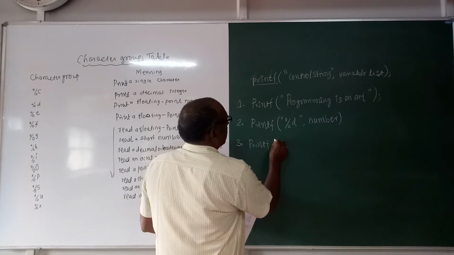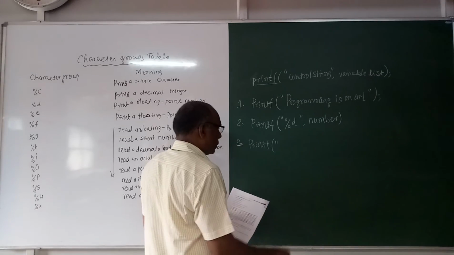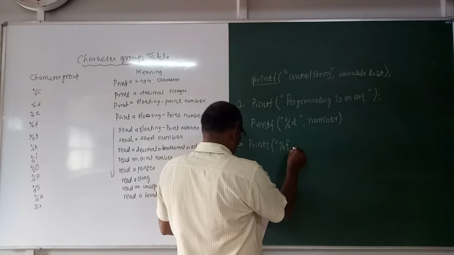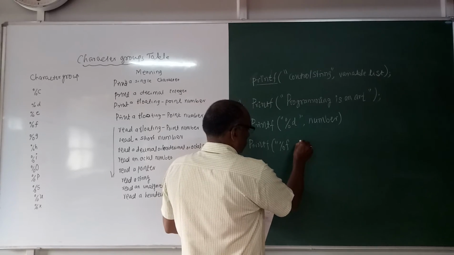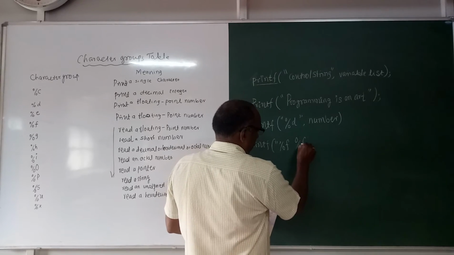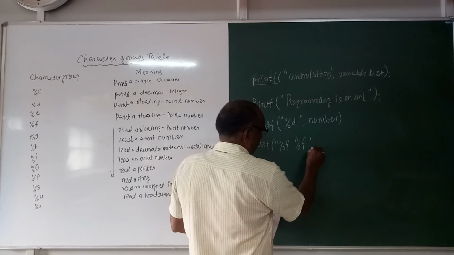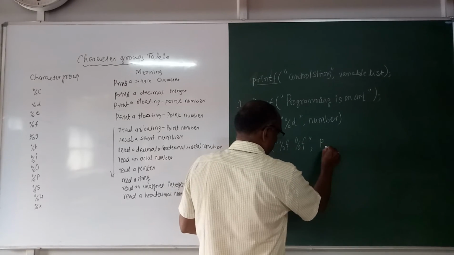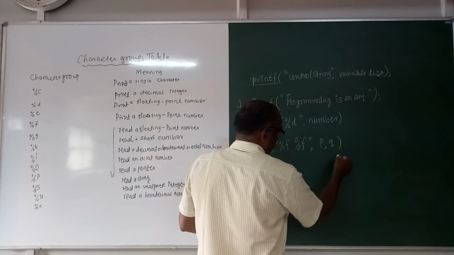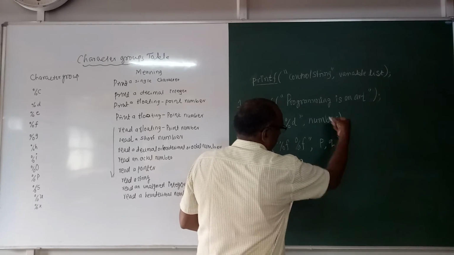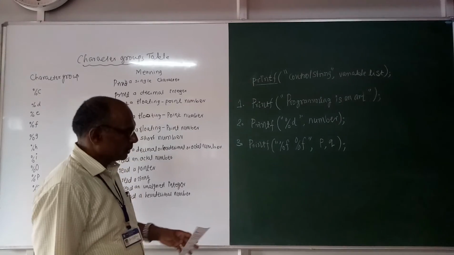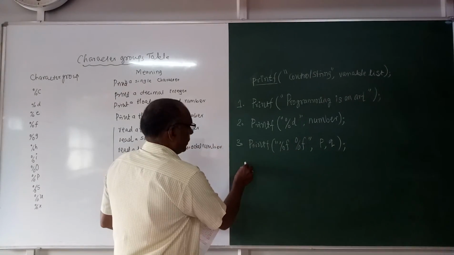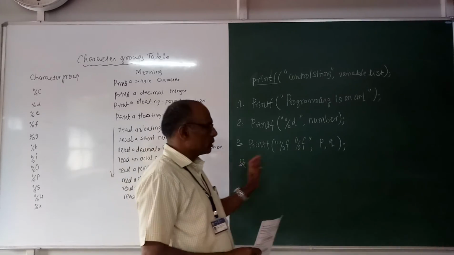So I write one more example here, printf, in double quotes %f, say %f, complete this with a comma, say pq. I told you here that the ampersand is not required. Thus, if you write it, it will show an error.